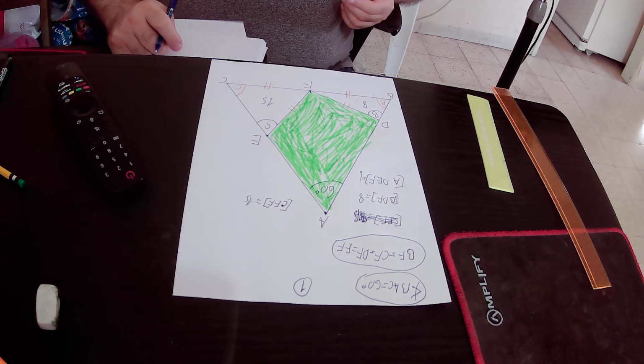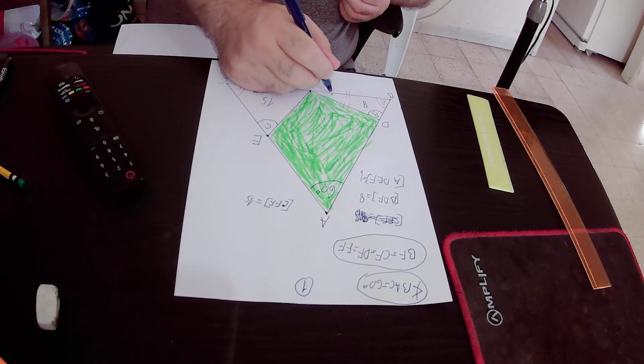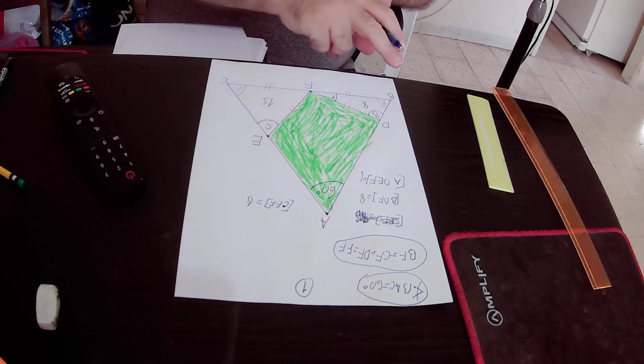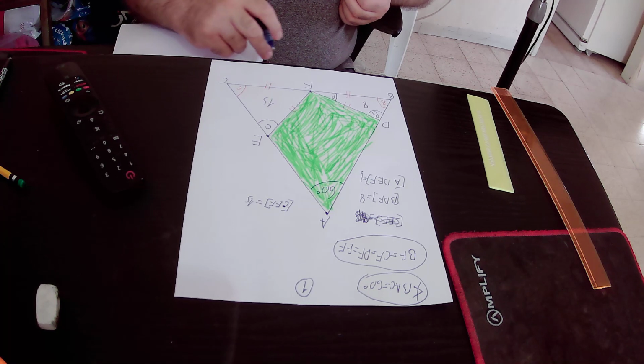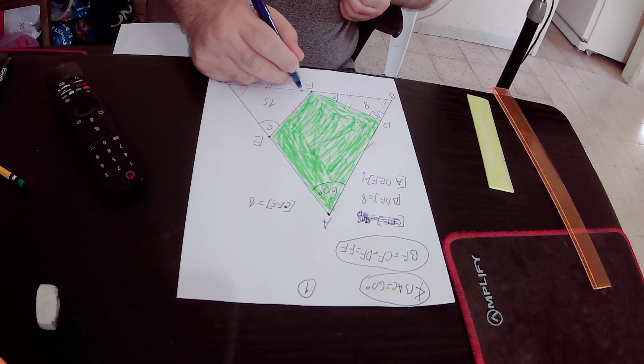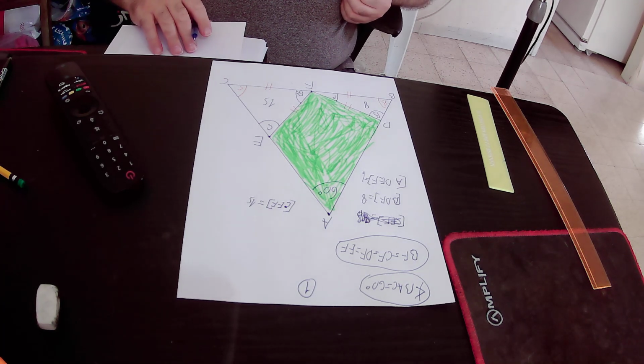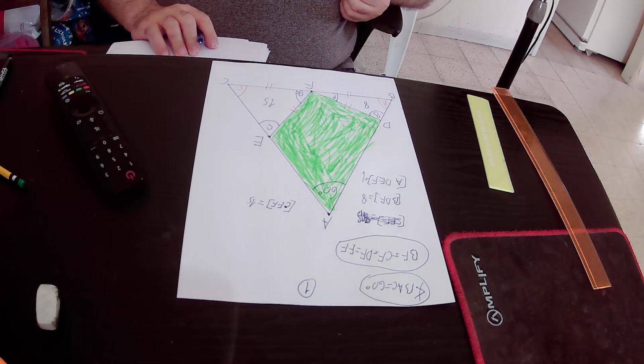Okay, so in the next step we will define angle DFB as P. Angle DFB equals P according to our definition, and angle EFC will be equal to Q. And again we have the rule that the sum of the angles in any triangle is equal to 180 degrees.